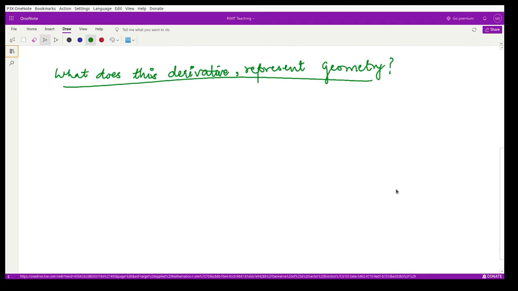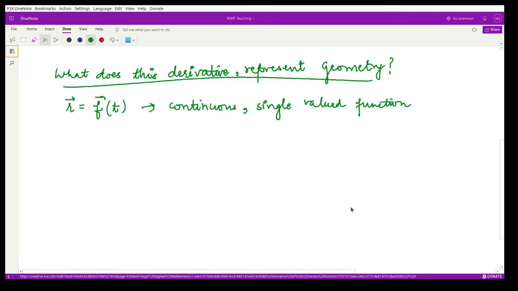Suppose the vector r, which is the vector function f of t, is defined to be a continuous, single valued function. That means it is continuous and has single values at all points.